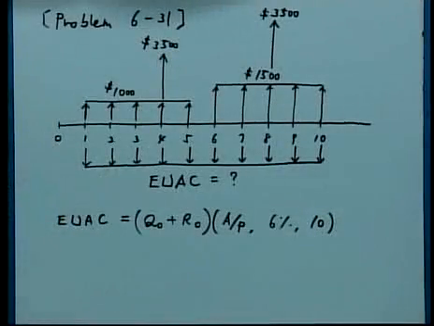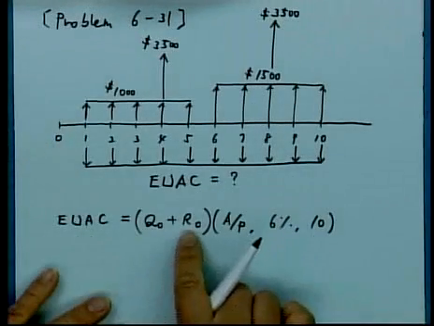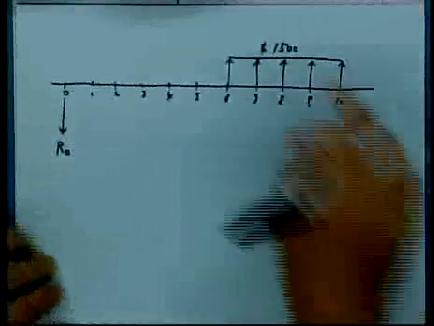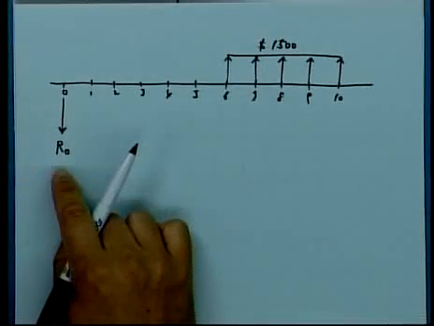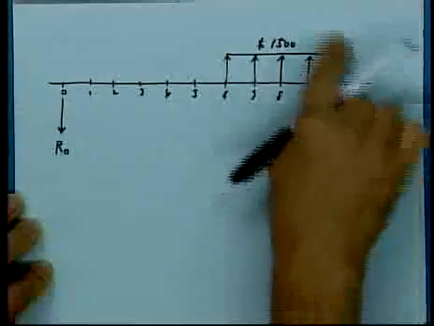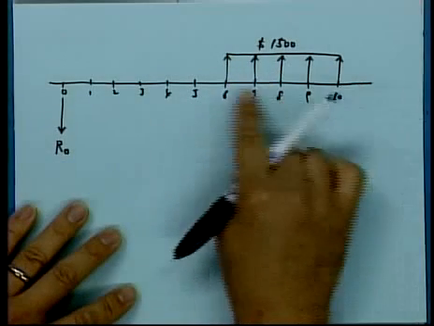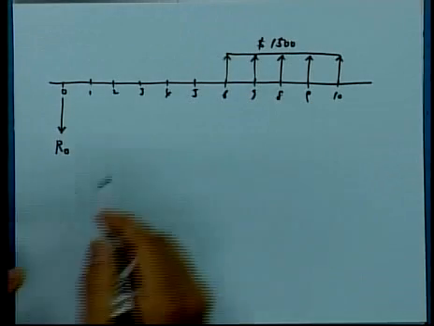We'll get this value later. So now let's compute R sub 0. R sub 0 is the equivalent present sum of money of this uniform series of $1,500 for these 5 periods.